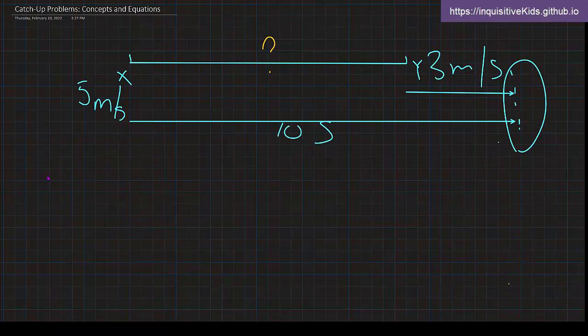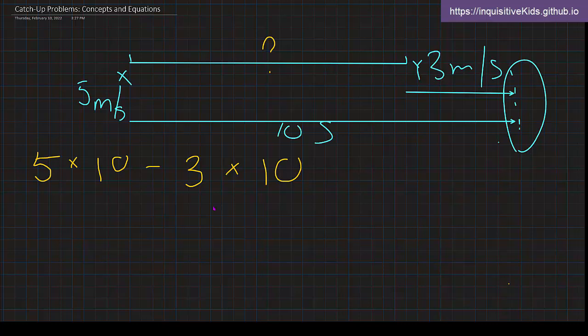That would be its speed, 5 meters per second, times the 10 seconds, times 10. And we would subtract the amount that Y ran, which would be 3 meters per second times 10 seconds. So this would be the distance that Y had as a head start.